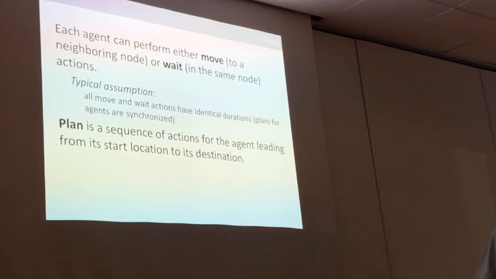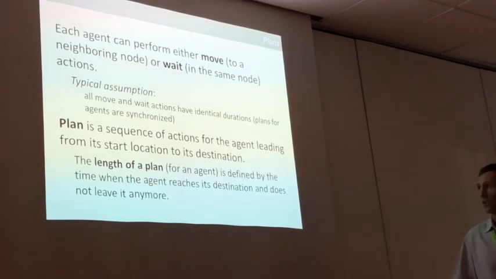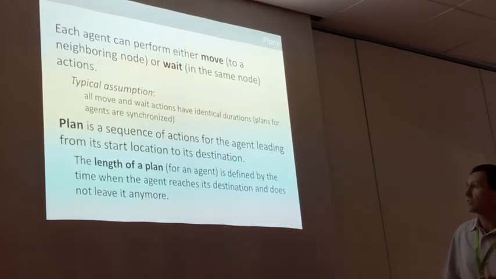Okay? And a plan is a sequence of these actions that starts for a given agent in the initial location and goes to the goal location or to the destination. The length of the plan is the number of actions in the plan until we reach the goal state. It's a bit tricky to define it precisely.